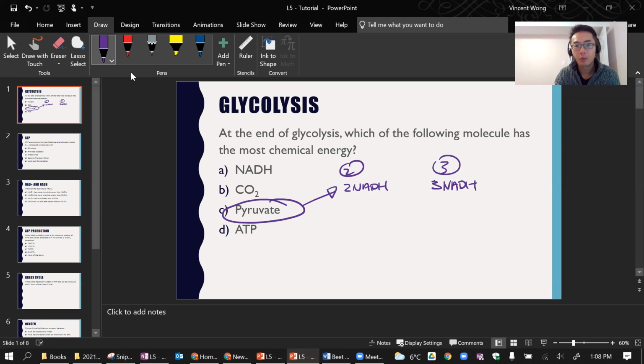You will even make 1 ATP and then 1 FADH2. So all these things are going to have much more energy than any of these 3. So there's still a lot of energy locked in pyruvate at the end of glycolysis.